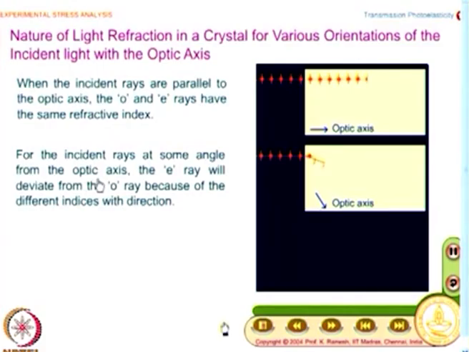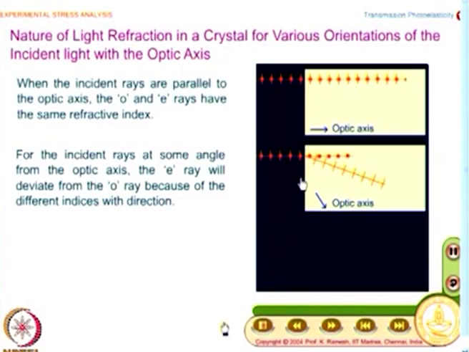So, what I find here is when the incident ray is at some angle from the optic axis, the extraordinary ray will deviate from the ordinary ray because of the different indices with direction. Because we have already seen the crystal is optically anisotropic, and that is dictated by the incident ray in relation to the optic axis direction.